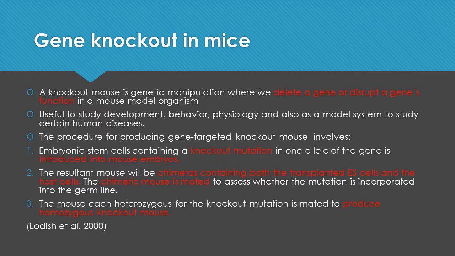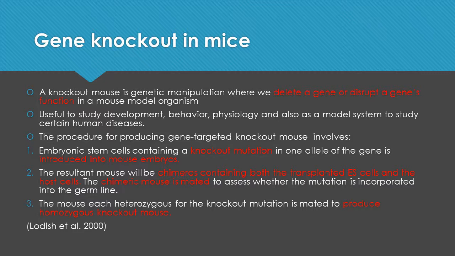In order to produce a gene knockout mouse, the embryonic stem cell containing a knockout mutation is introduced into the mouse embryo. The mouse progeny will be a chimeric mouse, which contains both the transplanted embryonic stem cell and the host cell. Okay, a combination of both.